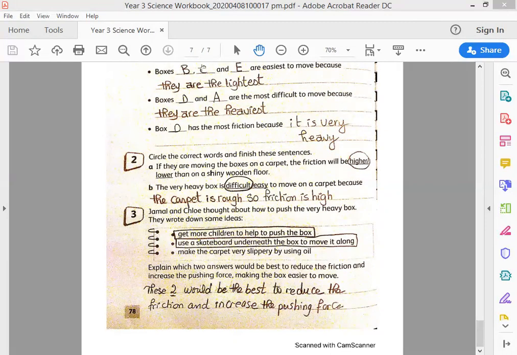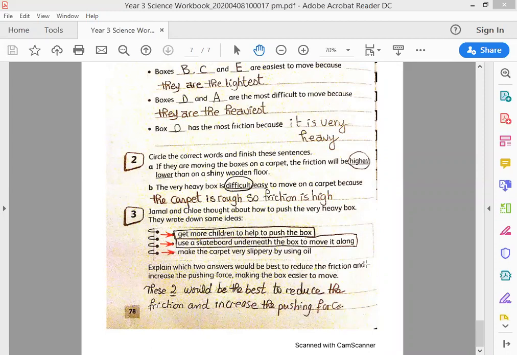The first option, they said, get more children to help to push the box. The second option, use a skateboard underneath the box to move it along. The third sentence, make the carpet very slippery by using oil.